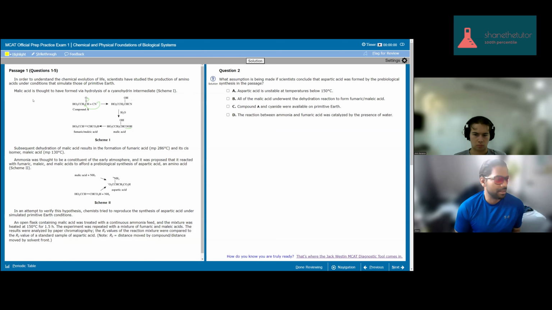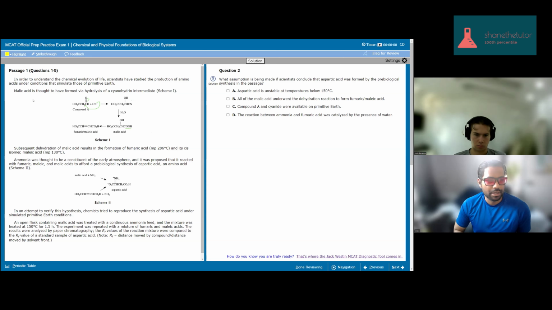Subsequent dehydration of malic acid results in the formation of fumaric acid, so water likely comes out. They give us the melting point, and its cis isomer, maleic acid, and the melting point of that.